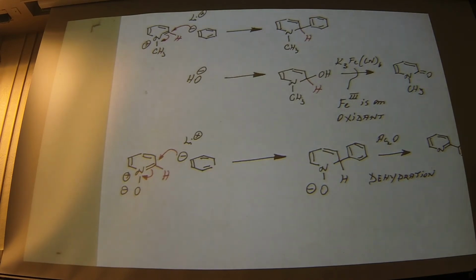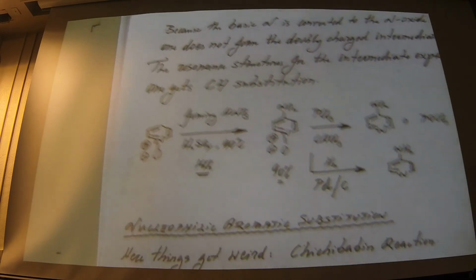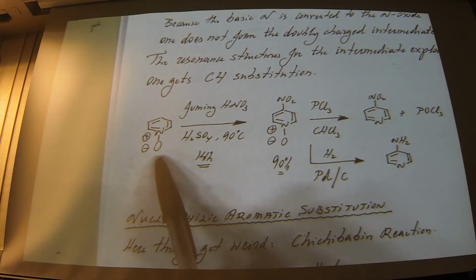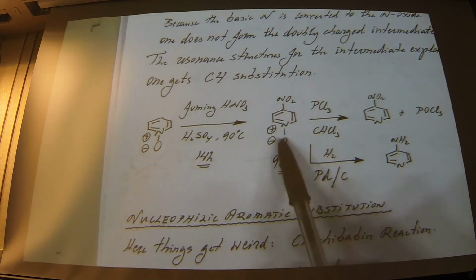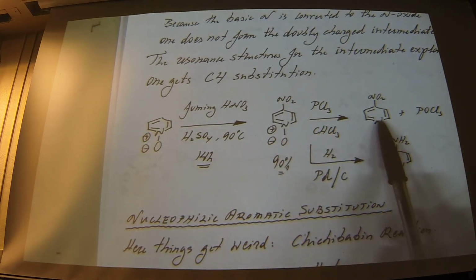You can use them for substitution in place. So they're sort of like a surrogate of phenol. So here's what we talked about, where you treat the N-oxide with an electrophile, NO+, and then you end up reducing that.